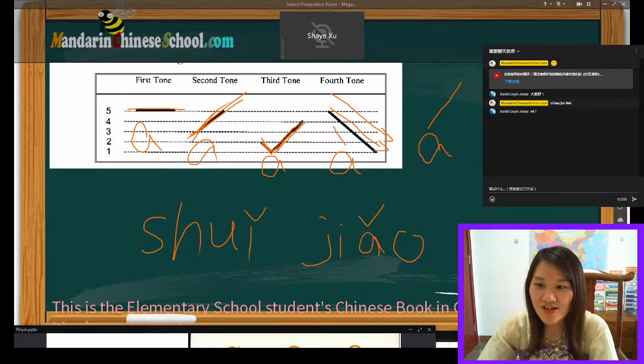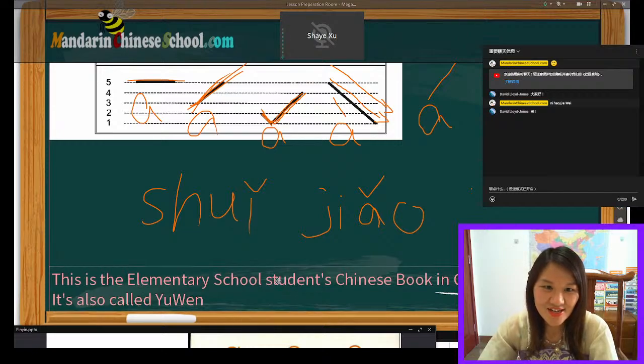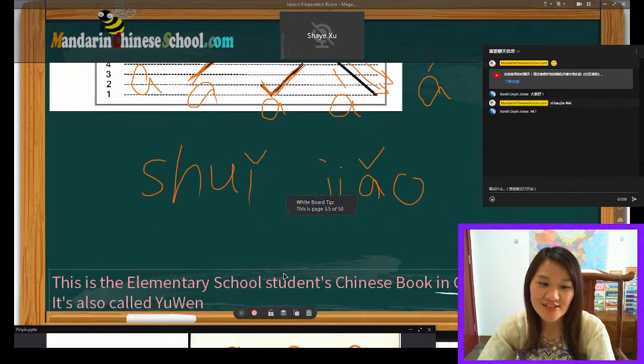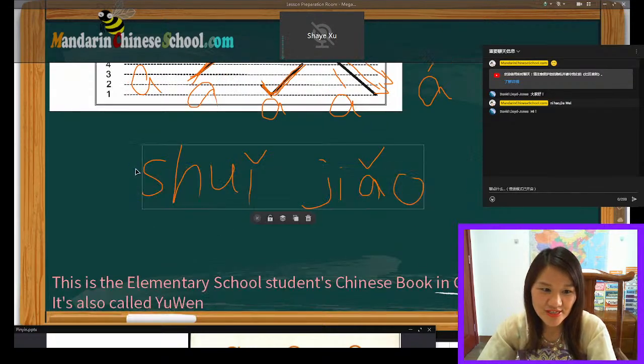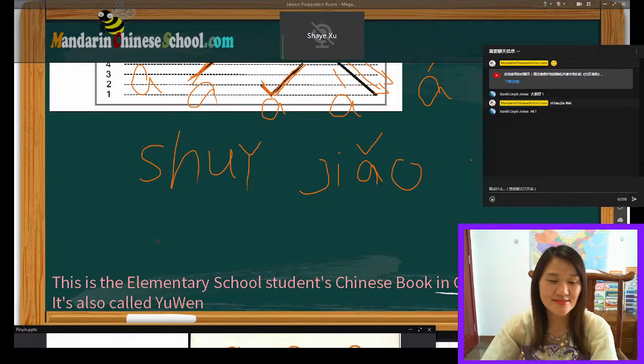So if you ask for dumplings, you say 你好，老板，我要一份水饺。我要水饺。I'd like some dumplings. 我要一份水饺, one share of dumplings.